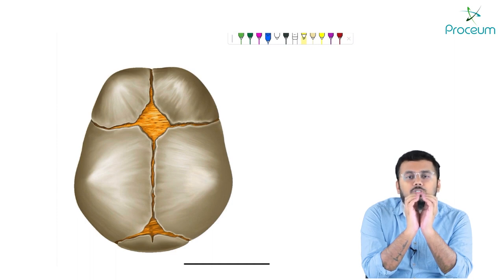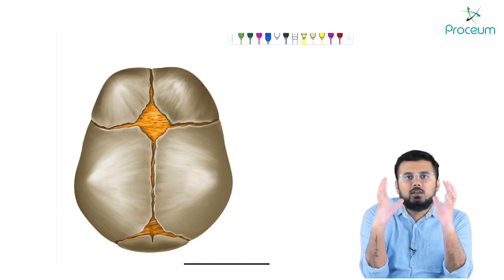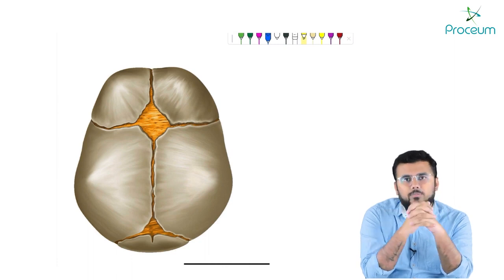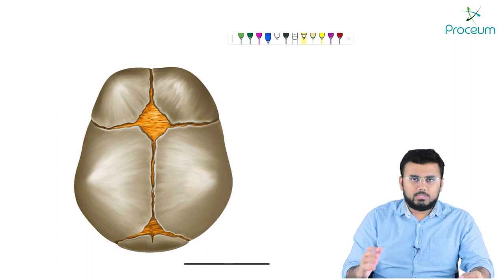Since the bones are not yet attached here, there is flexible stretching of the brain along with the cranial bones. In this way the circumference of the head and the brain development happen in a proper way.